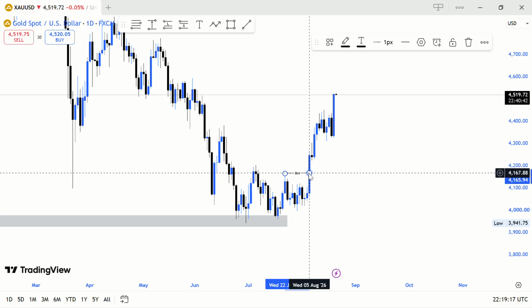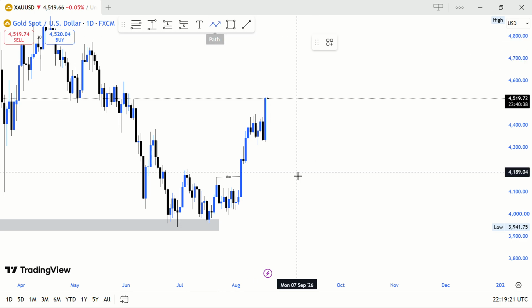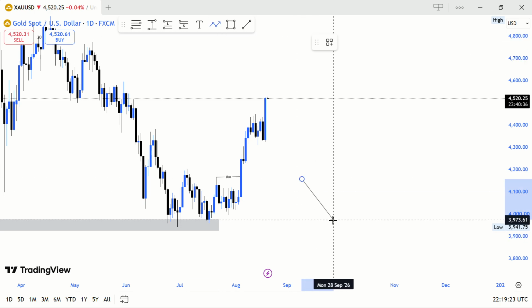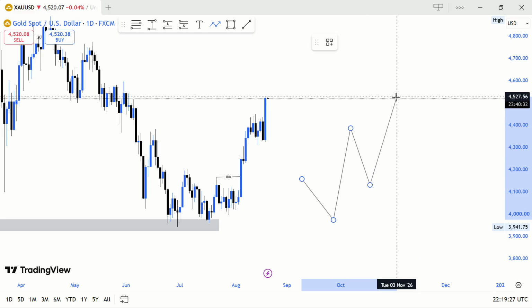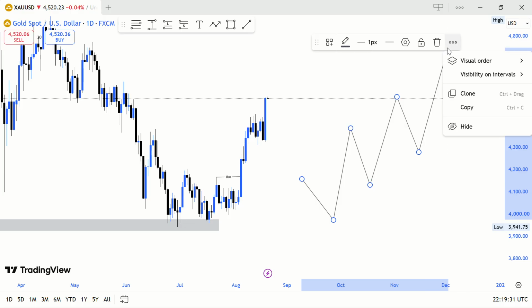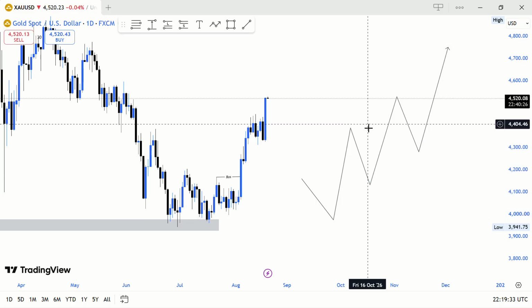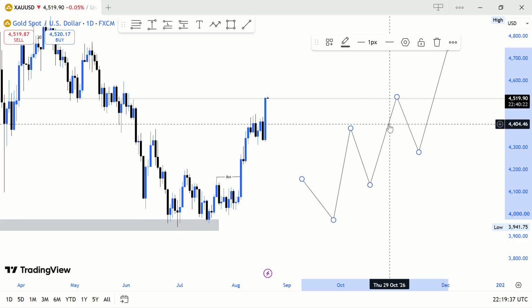So you remember the move, right? It's always like this for an uptrend or bullish trend. Always like this. And then for a bearish trend, it is the other way around.